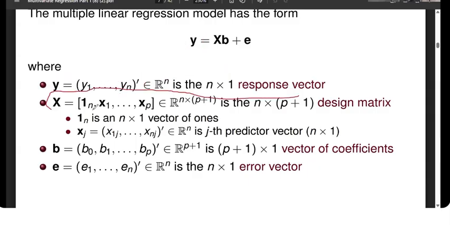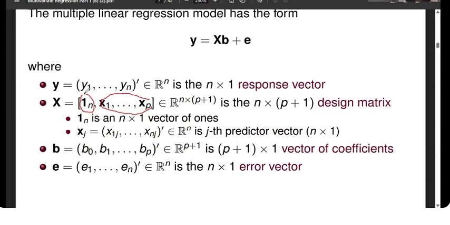Now look at X. That's the design matrix. We are expecting that to be n by p, number of observations by the number of features. But we also need to incorporate the intercept. If you please pay attention, take a look at this. These are the features. This is the intercept: 1, 1, 1, 1, 1, 1. That very 1 with subscript n means I'm going to have 1 n times because I'm incorporating the intercept.